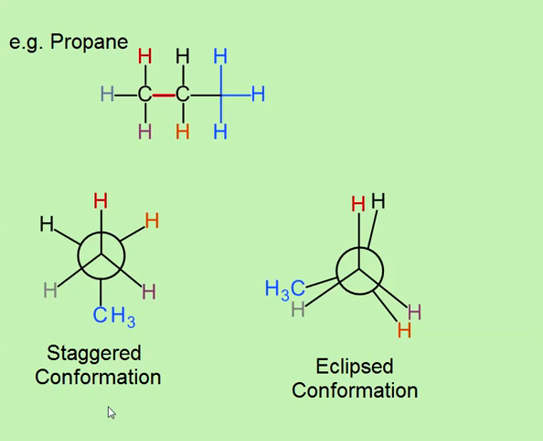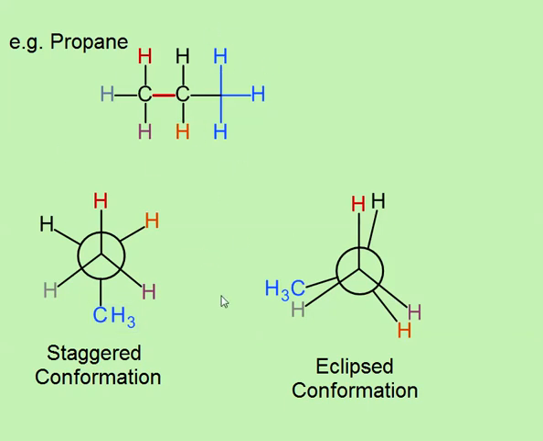with the staggered conformation. Incidentally, our Newman projection here is specifically coming from looking through this carbon-to-carbon bond through carbon 1 and 2. So in the front we've got the red, grey and purple hydrogens of carbon number 1, and then at the back on the second carbon, eclipsed behind the first one, we've got the black and the orange hydrogens together with this blue methyl group.